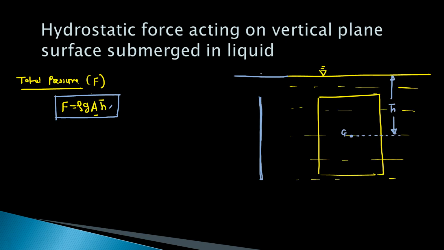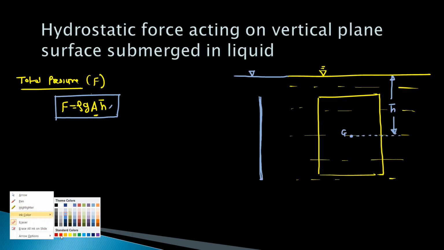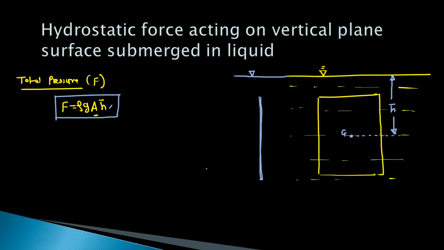And this is the free surface of the liquid. So total pressure, that is nothing but the force, it will act at this point. Sorry, not at this point. So it will act at the point which is called the center of pressure.